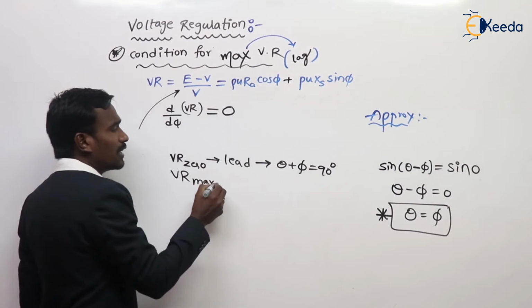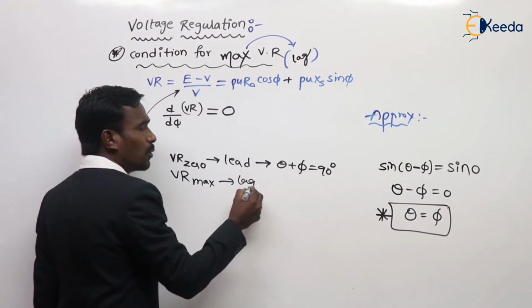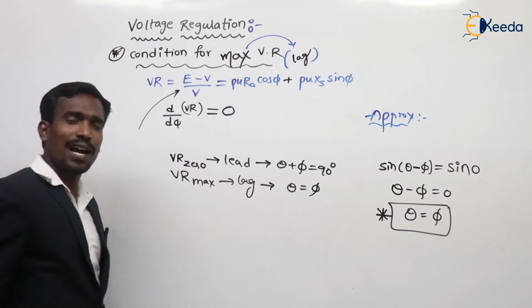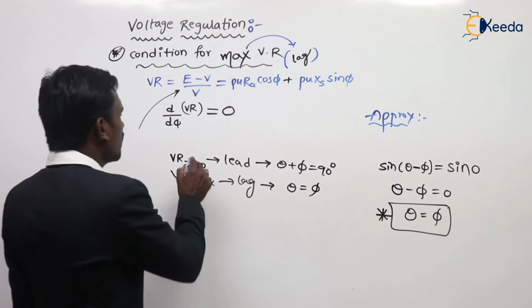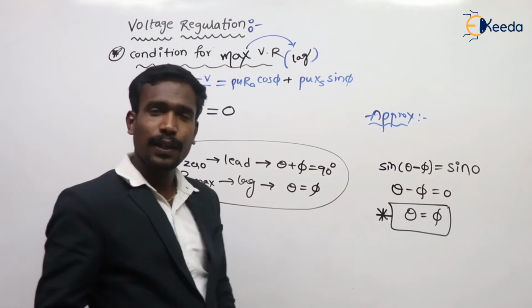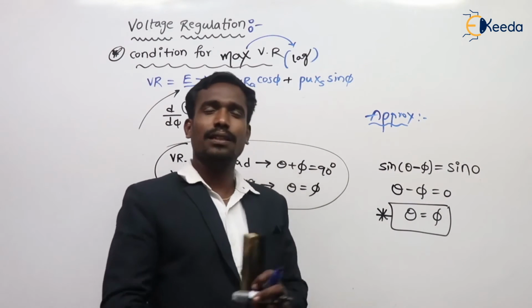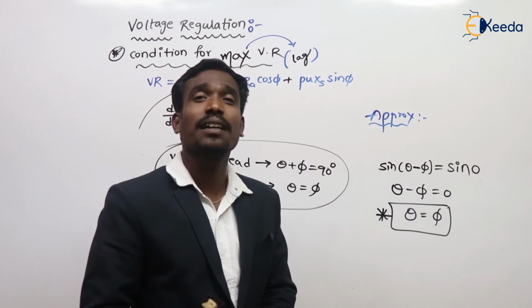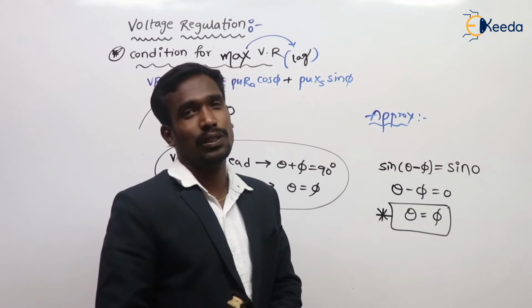Maximum voltage regulation occurs in lagging load, and the condition is theta is equal to phi. These are the key points you learned in this video, right? So I completed the condition for minimum or zero voltage regulation and maximum voltage regulation.